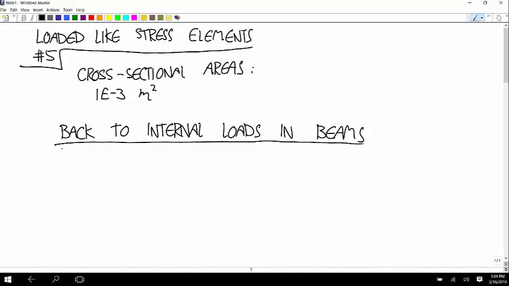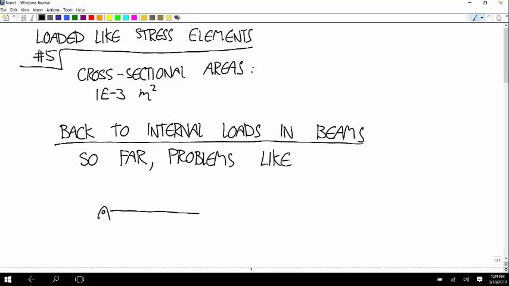So far, we've done problems up to this kind of thing. Let's say we have something like this with a distributed load.